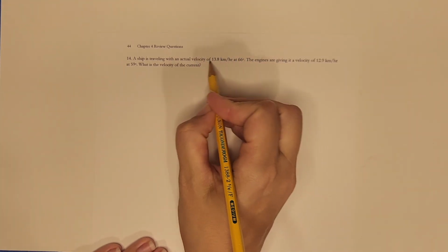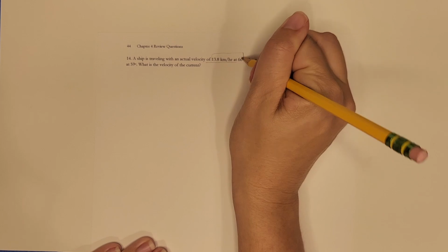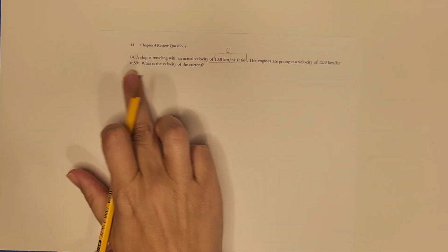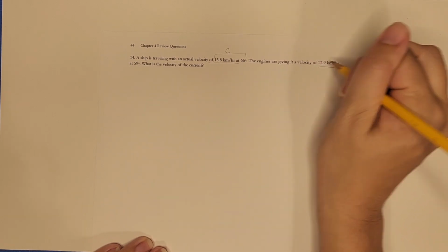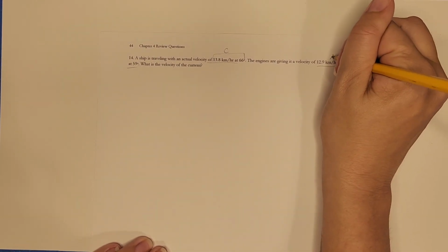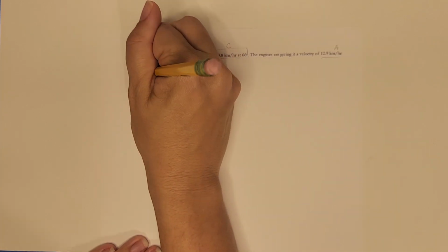So, based on what we've been doing, A is going to be what the ship is doing, B is what the current is doing, and C is the actual velocity that's happening with what the ship's doing plus what the current's doing. Okay, so this is C. And then the engines, this is A. So let's go ahead and write that out.